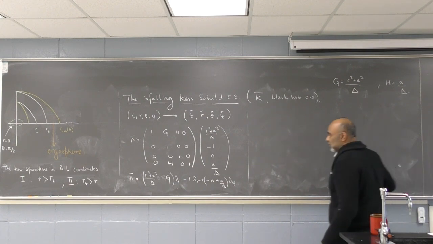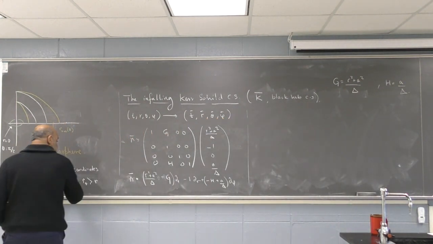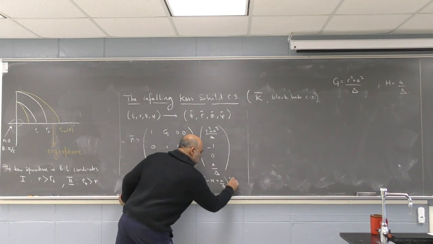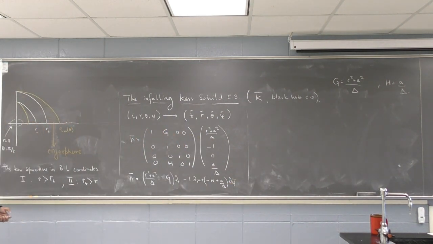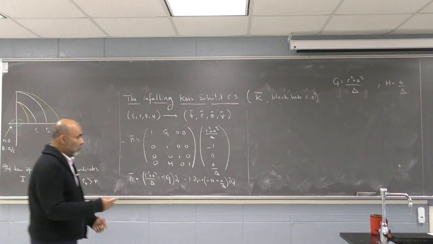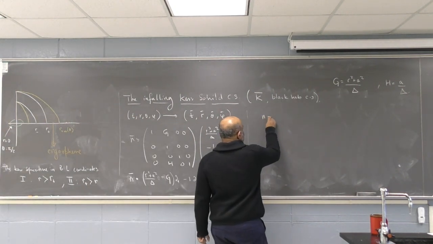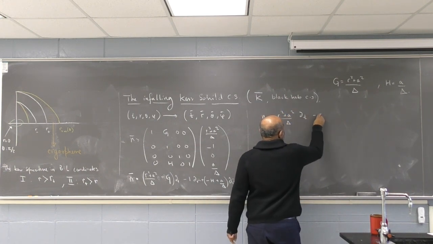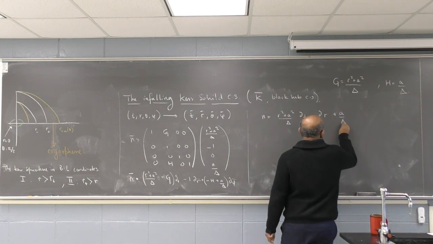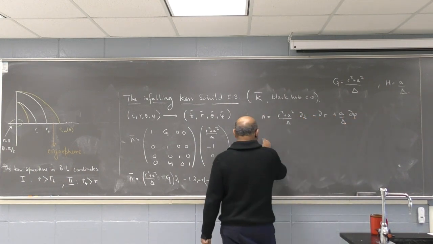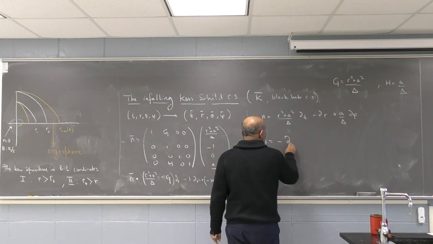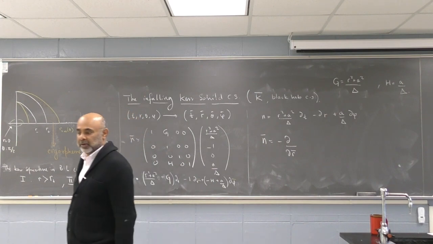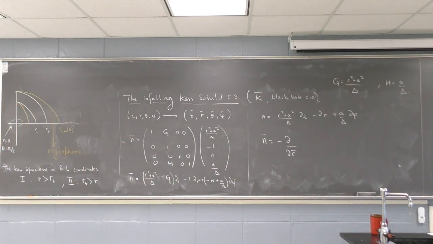Well, guess what? I did make a crucial mistake. I did the transformation, but what I did not do was put the bar. So on the one hand, n is equal to r squared plus a squared over delta dt minus dr plus a over delta d phi. The same vector, when written in Kerr-Schild coordinate system, looks like that.